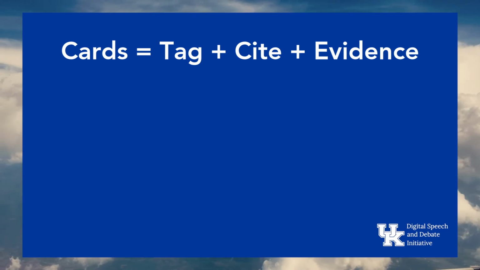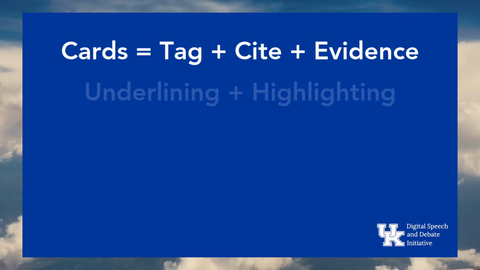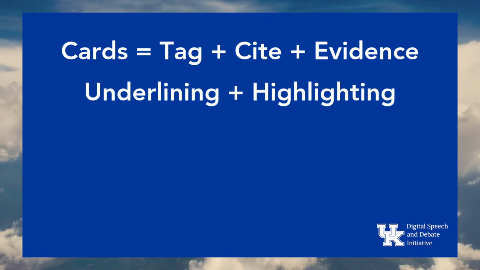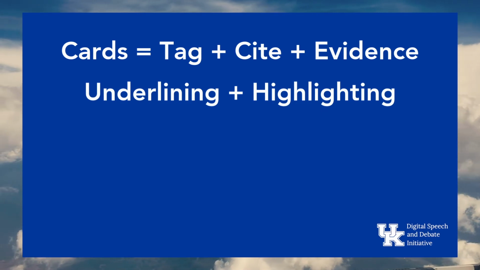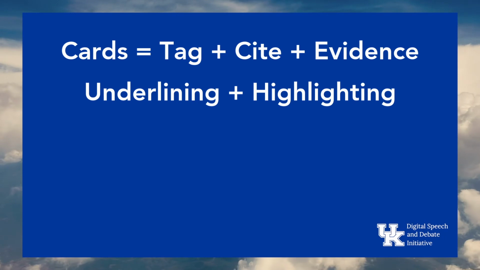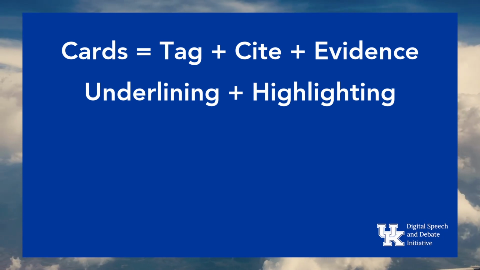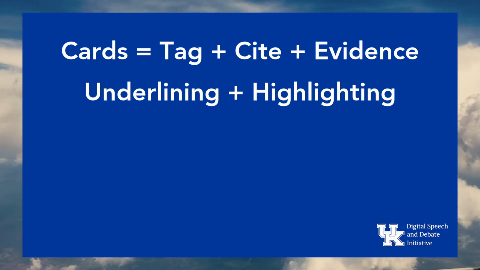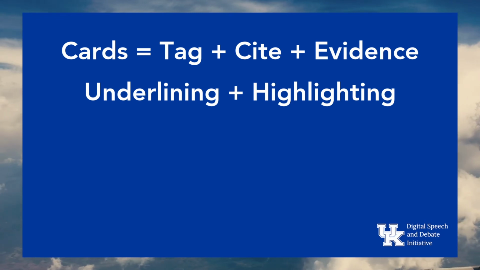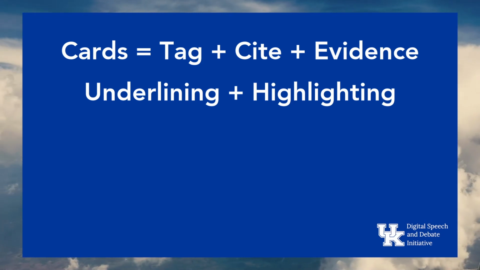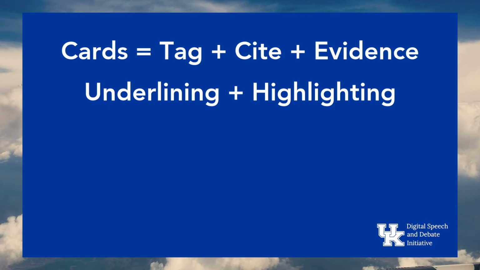Then evidence is further underlined and highlighted, which is used to present the argument and the evidence in as few words as possible, where a subsection of the body of the evidence is both underlined and highlighted. The highlighted, underlined portion is the part that is read orally out loud in a debate round.